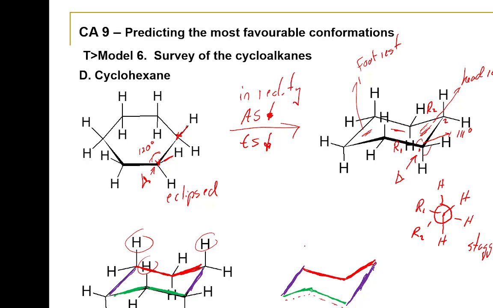Well, they're coming off of the carbons that are, in a sense, pointing upwards on my chair. And there are 3 hydrogens that are pointing downwards. And so they're coming off of the 3 carbons that are pointing downwards in my chair.